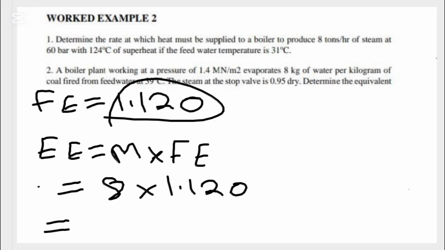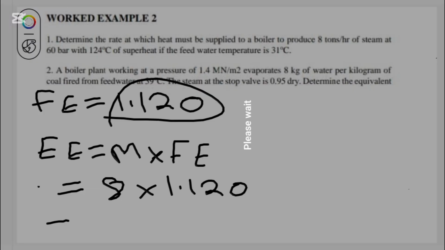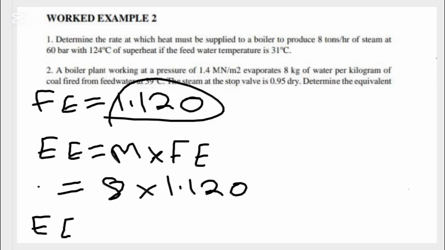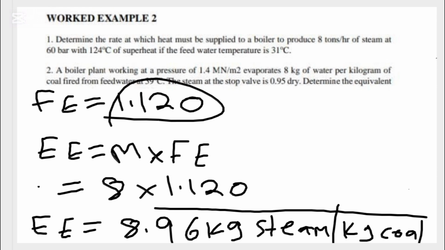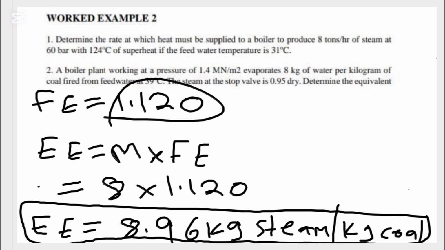So this should now be equal to the EE. Our EE, the equivalent evaporation, will now be 8.96 kg steam per kg coal. So this is the final solution to the second question. This is the end of the second question.